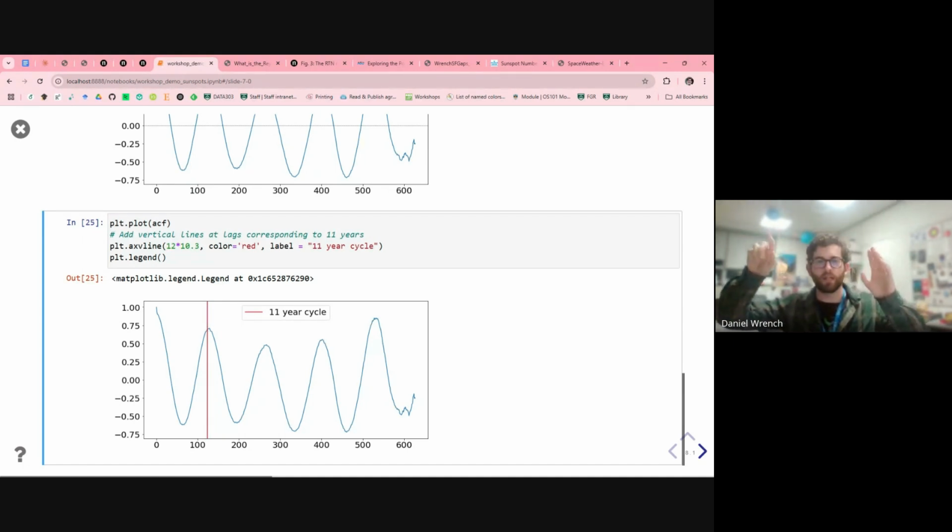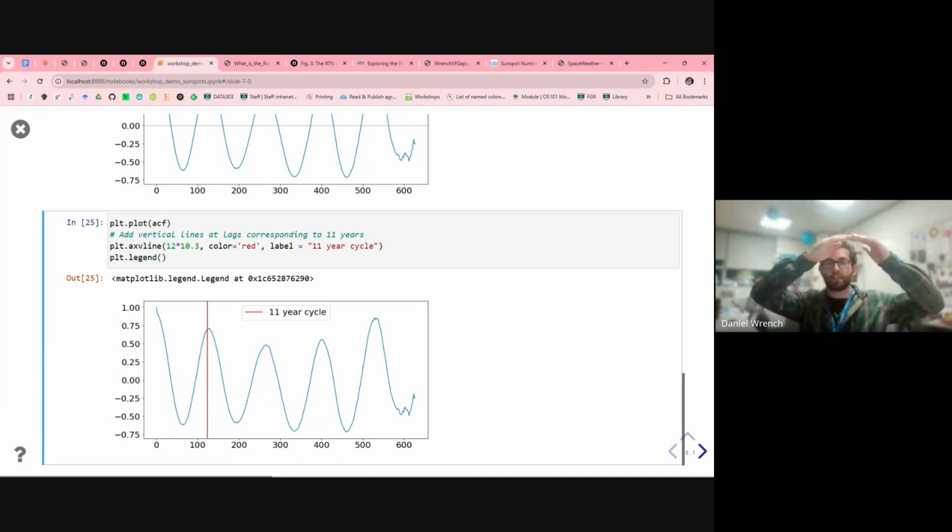They're very similar, whereas a peak and then 5.5 years later a trough, there's a clear negative correlation between those. And that's why before that peak you have this trough in correlation, showing a negative relationship between those opposite ends of the cycle.